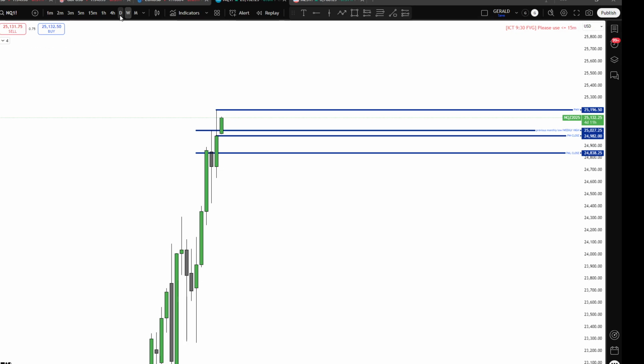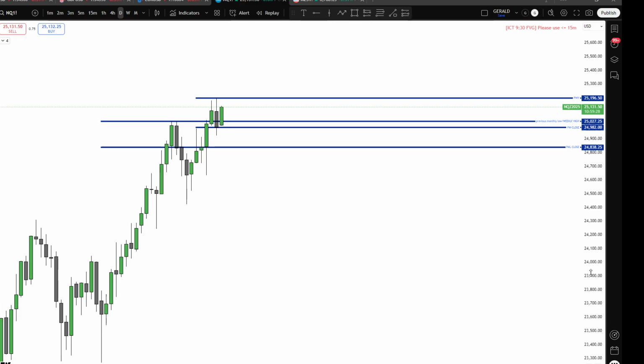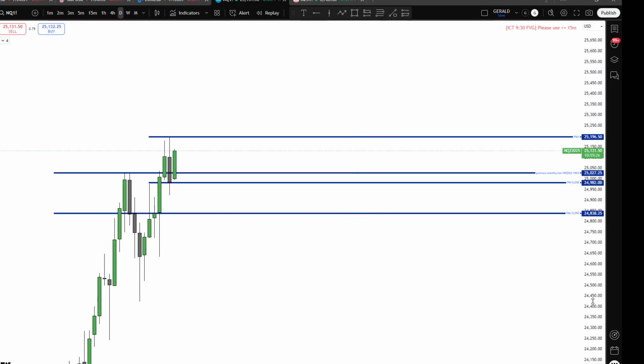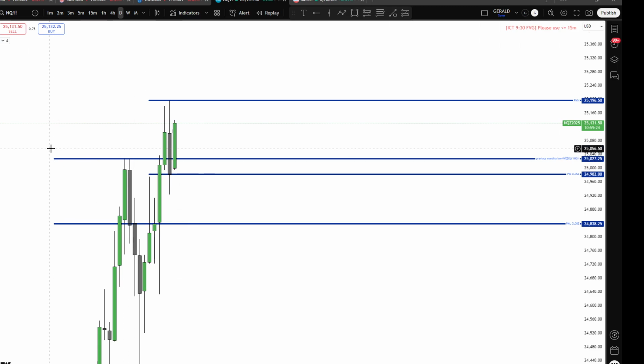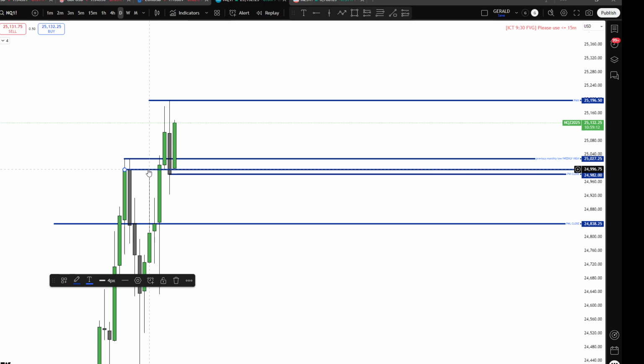So now going on to daily time frame. There are certain important levels I put in my chart. Now when we see this and this, I look at this level here. It's like the order block.